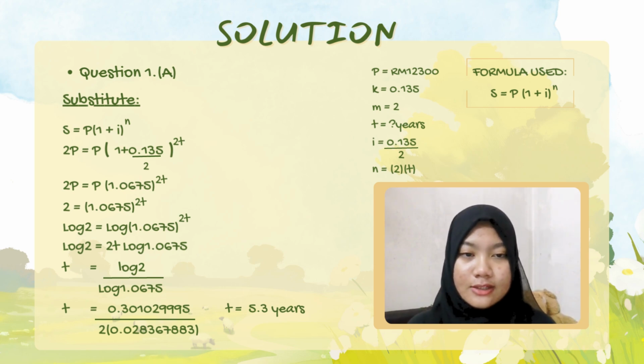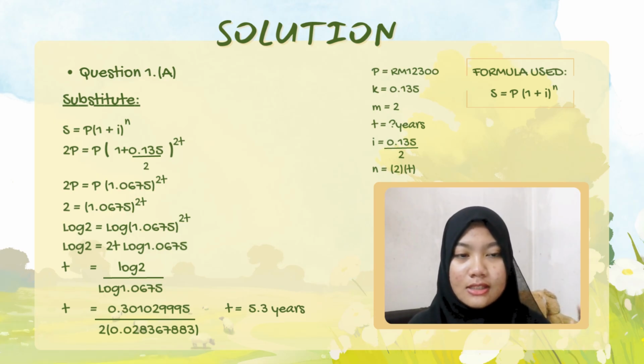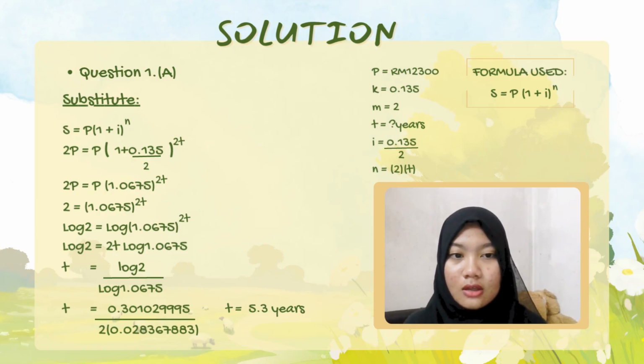First, we work out the bracket, 1 plus 0.135 divided by 2, and the answer is 1.0675.